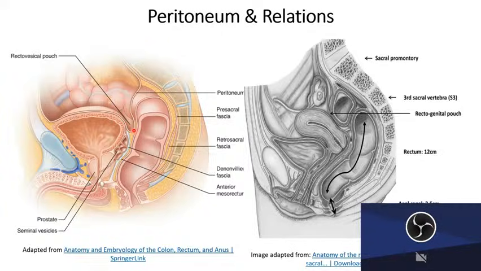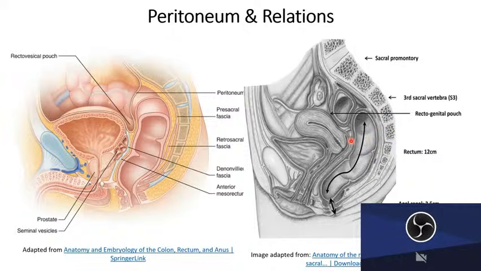So it will end at what level? If you check this, the second, the third, fourth, fifth sacral vertebra, you could see that the peritoneum ends at that place.